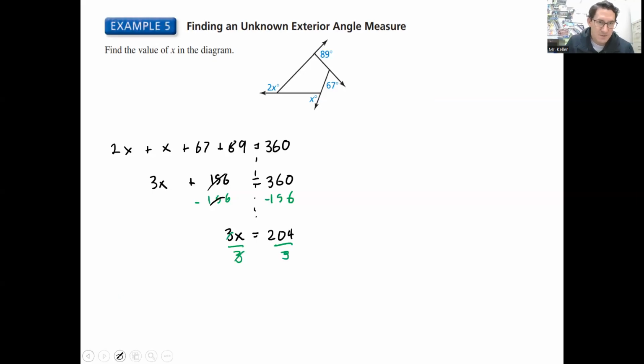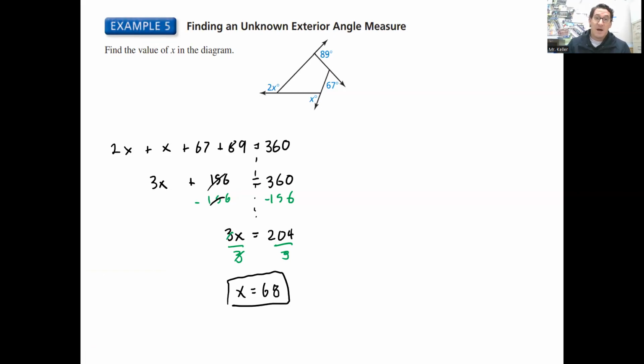That cancels out, and I get x is equal to 68, I believe. Let me double check that. 204 divided by 3 is 68. Yeah, so the x in that diagram is 68.